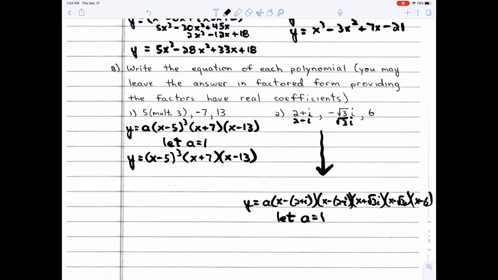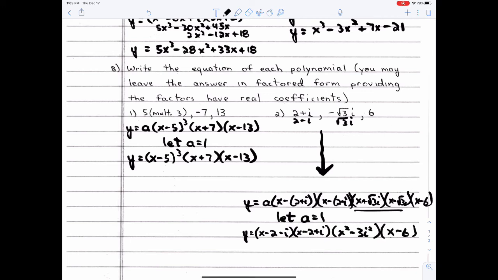Okay? So notice these first couple are kind of complicated looking. Well, I'm going to do the same thing we did before. I'm going to call this x minus 2 minus i and x minus 2 plus i. Now I'm going to multiply these two together, and that'll just be x squared minus 3i squared. And then this is just x minus 6.